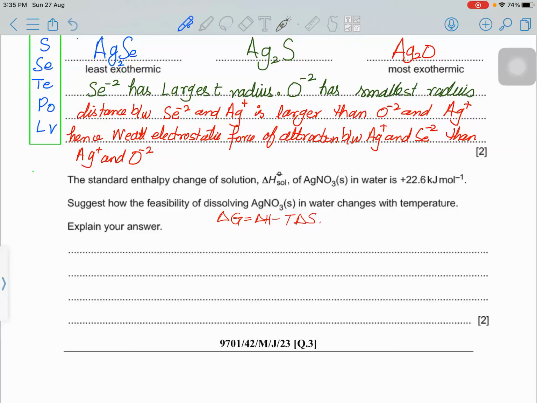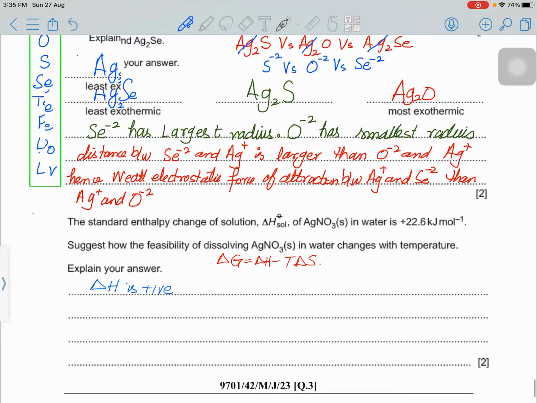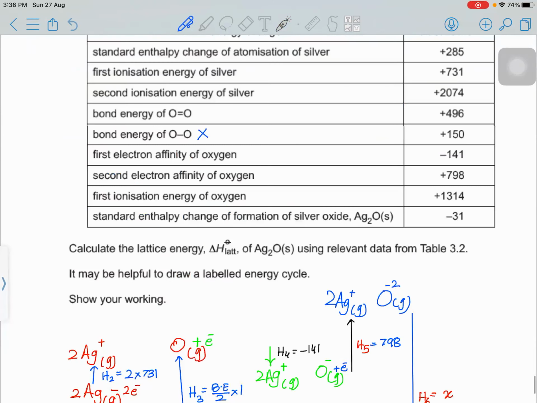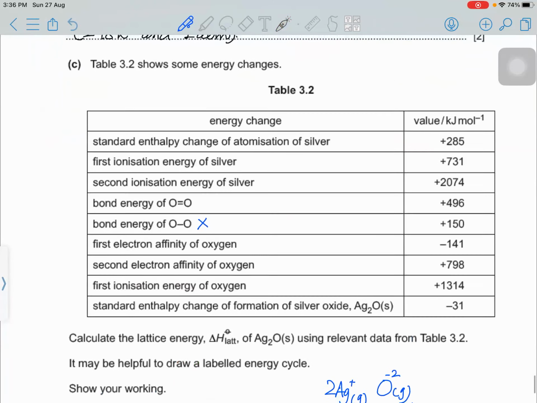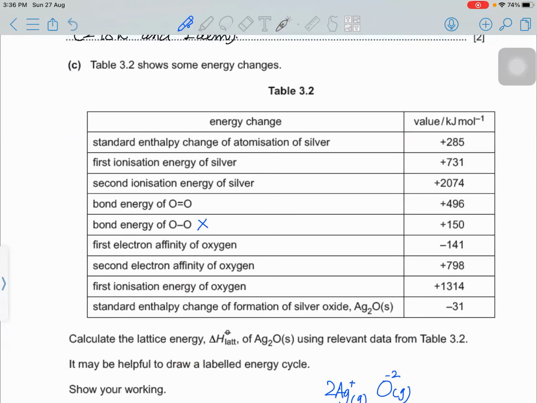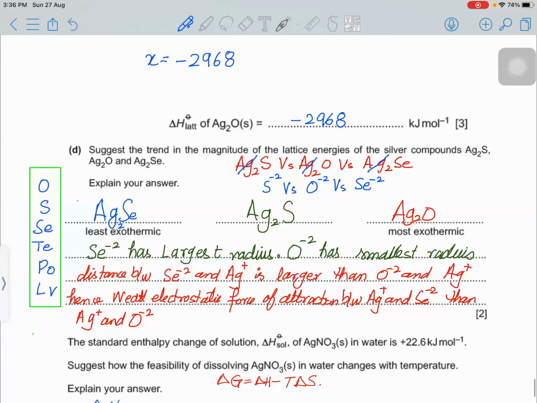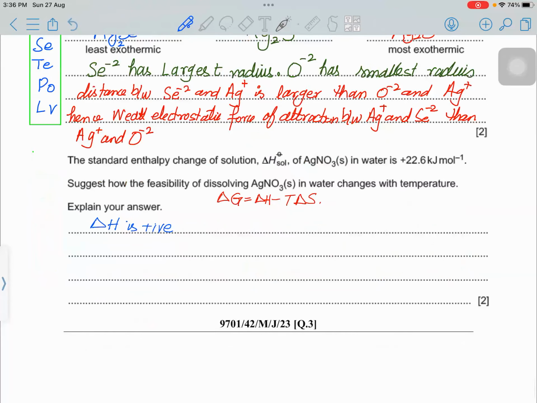So delta H solution is given and it is positive.